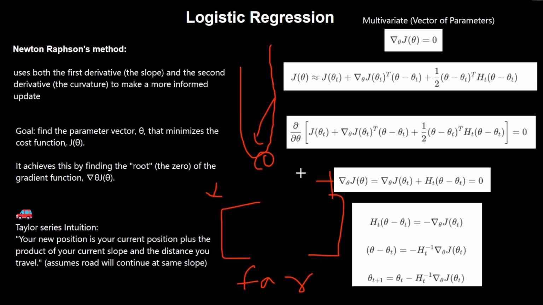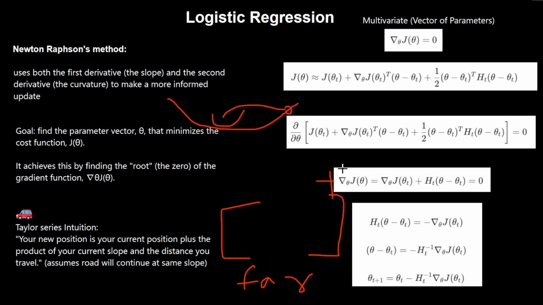On the other hand, if the curvature is low, meaning just a slight curve, a broad flat valley, then we need to take a large step, so the inverse we calculate from the Hessian matrix will also be large. In a way, it tells us how far we can move to reach the global minima.